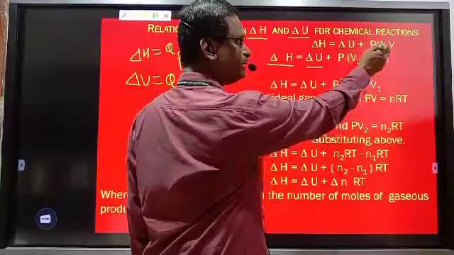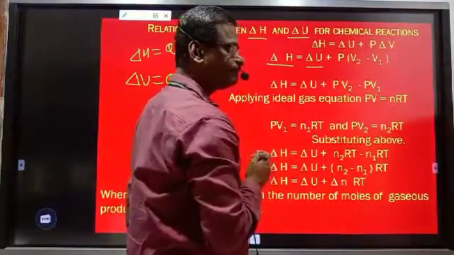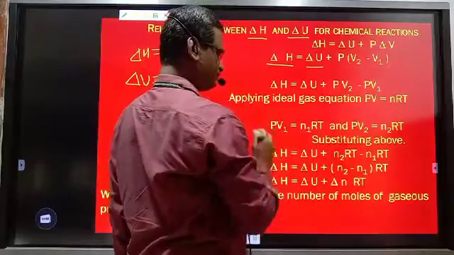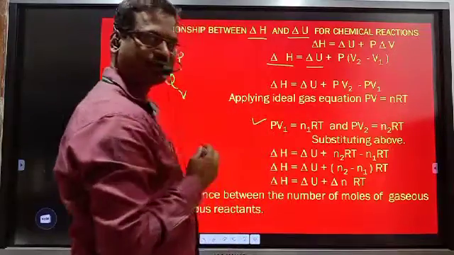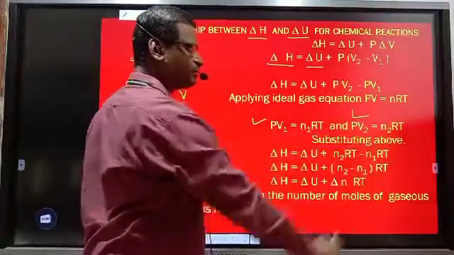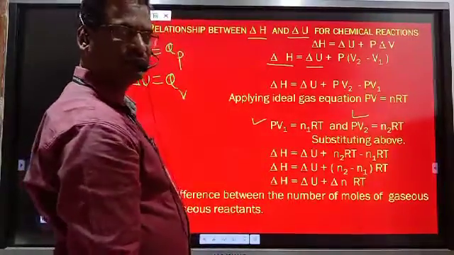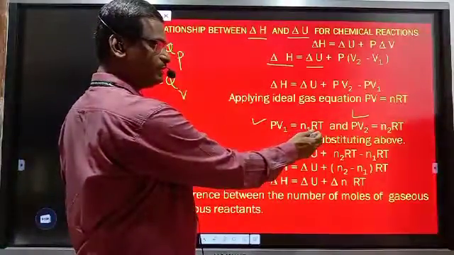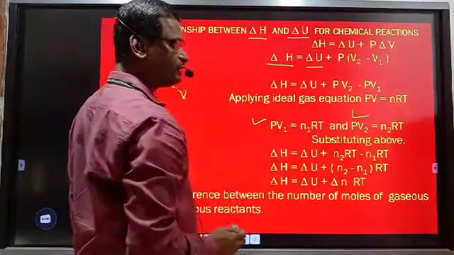P times V2 minus V1, this equation we have just seen. By solving this, P V2 minus P V1, we know the ideal gas equation for the initial state of the system and for the final state of the system: PV is equal to nRT. So PV1 is equal to N1 RT, PV2 is equal to N2 RT.